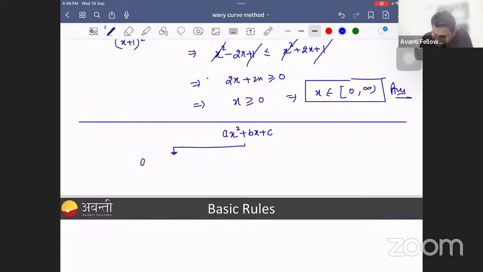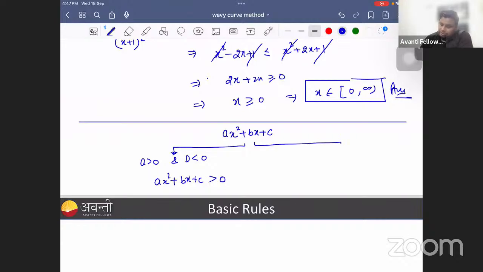If a is positive and its d is negative, we all know in a quadratic, if d is negative, there is no real root. So if a is positive and d negative, then this ax square plus bx plus c is always positive. Got it?